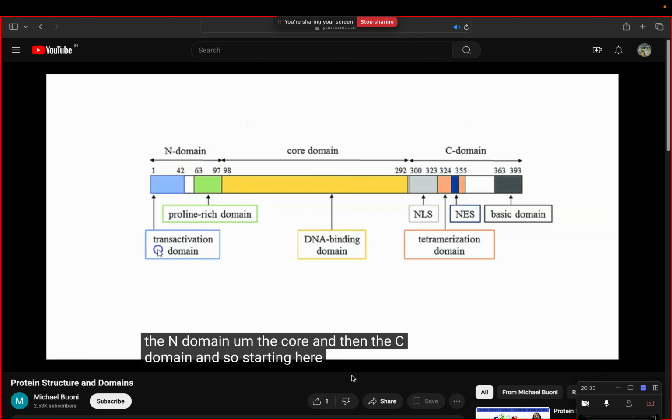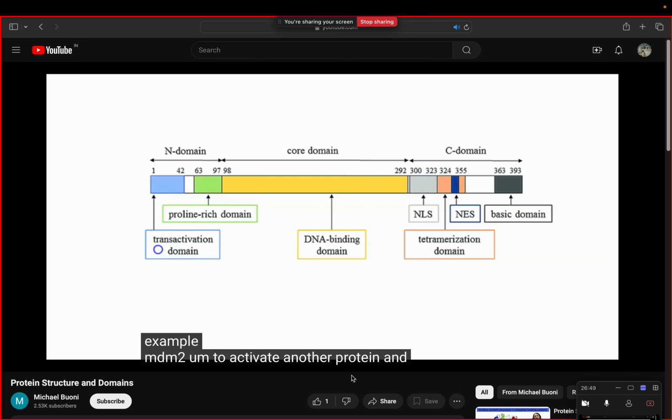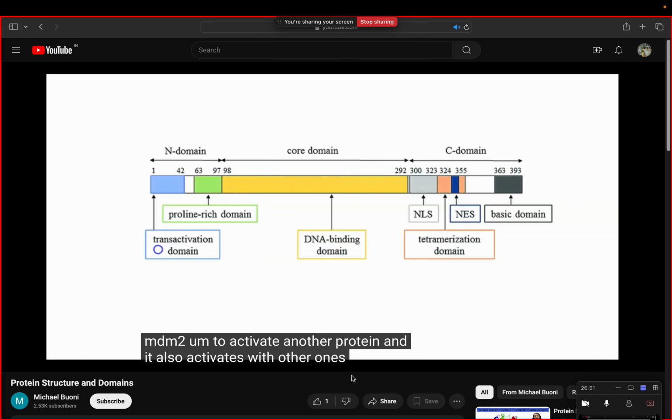And so starting here, we have a transactivation domain. Well, that basically does exactly what you think it does, which is this would activate other proteins. And specifically, this makes sense that this would interact with, for example, MDM2 to activate another protein. And it also activates with other ones as well. And so that part of the protein serves that function.